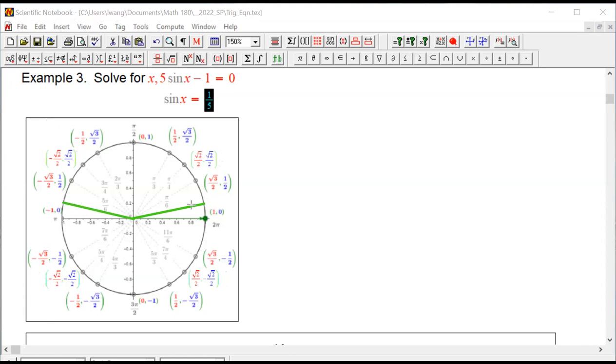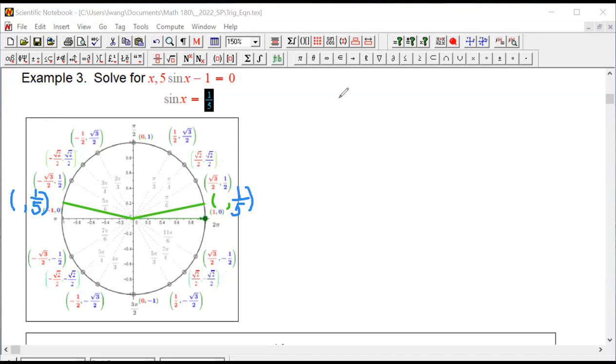On these two terminals there's a blue number, which is 1/5. We're not going to worry about the red number; we can find it out, but the blue number is 1/5.